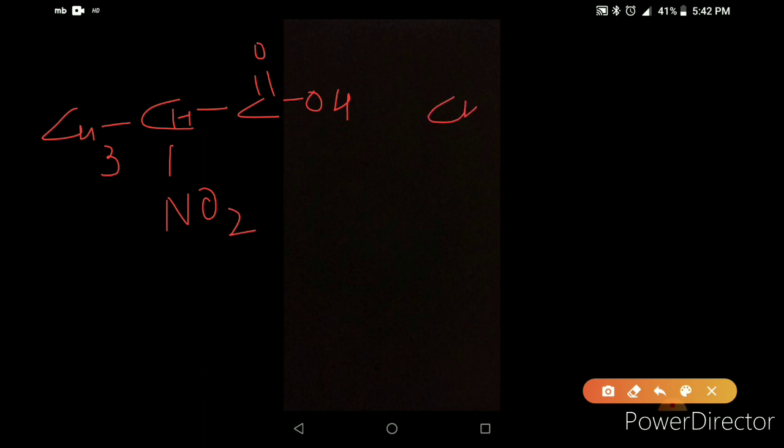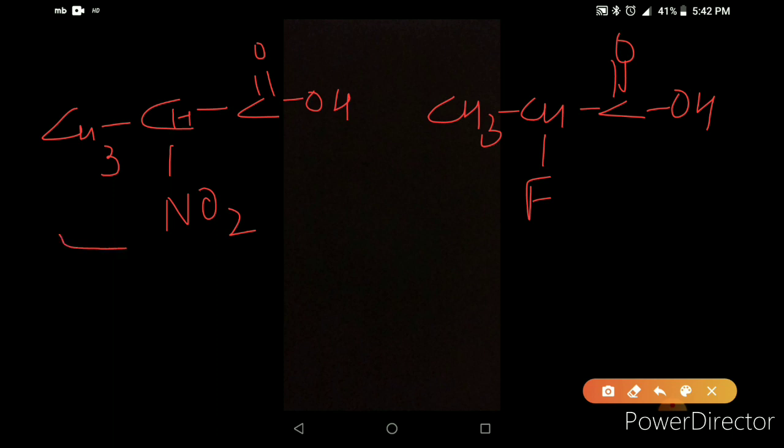And the second example is CH3CH, C double bond OH, and I have attached a fluorine group over here. So out of these two carboxylic acids, which will be more acidic in nature?